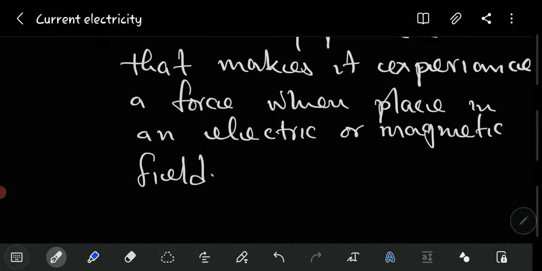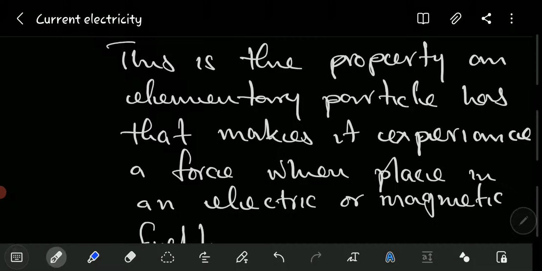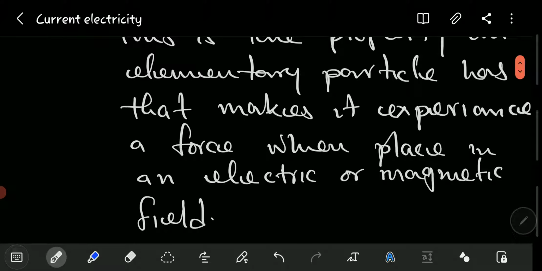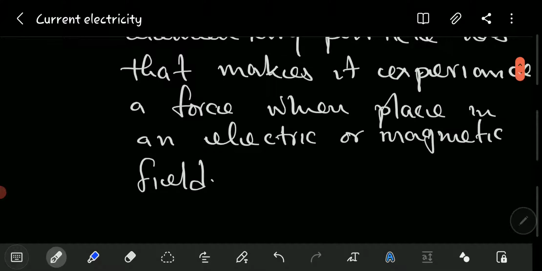So basically what we're saying is that whatever this property is, it actually makes the particle undergo a force when it is placed in an electric or a magnetic field.